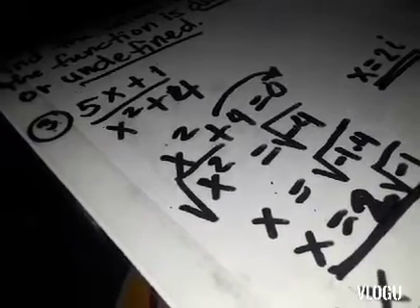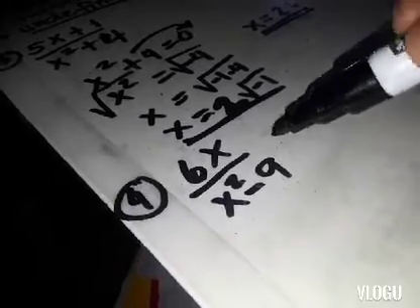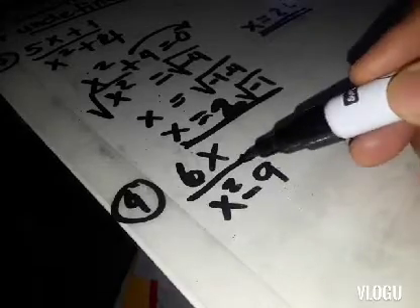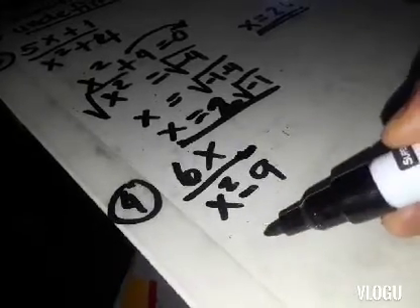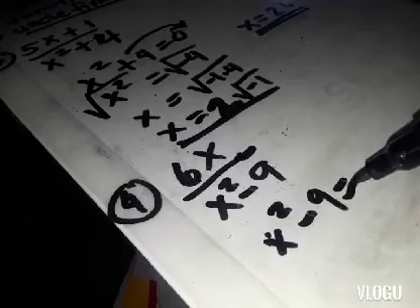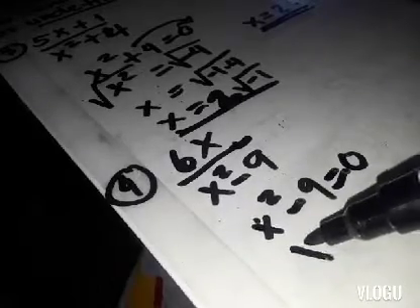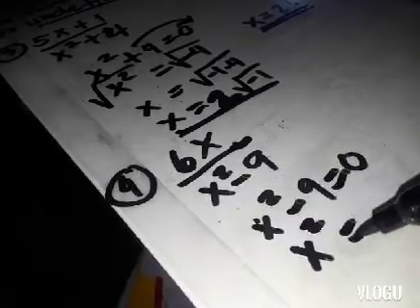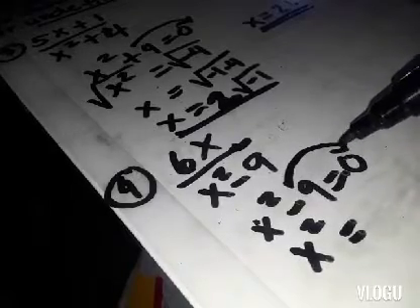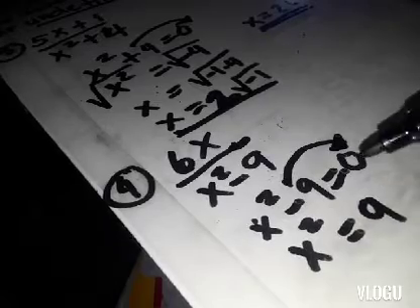Now, let's move to example number 4. The same steps. 6x all over x squared minus 9. Copy the denominator. So, x squared minus 9, and then equate it to 0. And then, isolate x. So, x squared is equal to transpose negative 9 over equal sign, magiging positive 9.